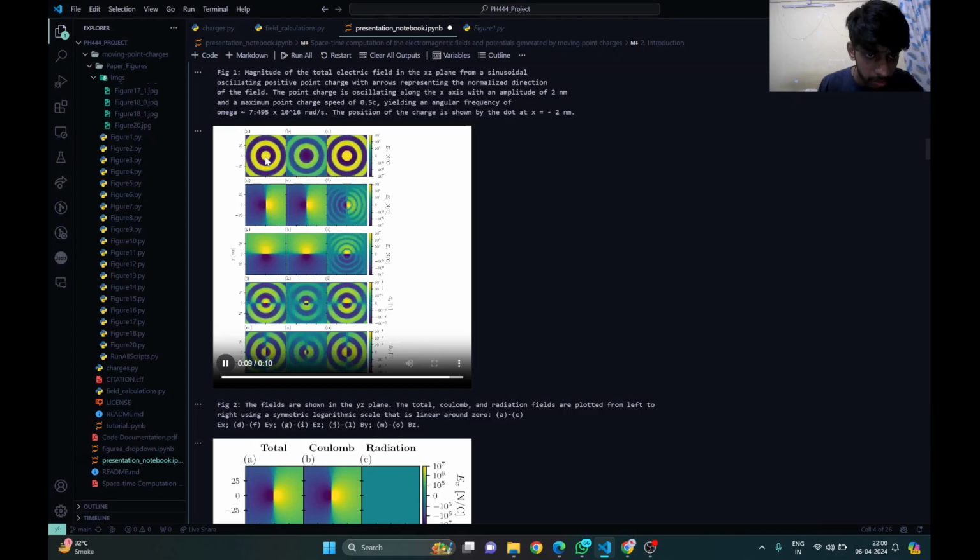You can see that the charge is moving in and out of this plane. As it moves in, there's a net positive field, and while moving out, there's a net negative field. If it's not visible here, there are negative signs at the bottom. So blue means negative here, while yellow means positive.